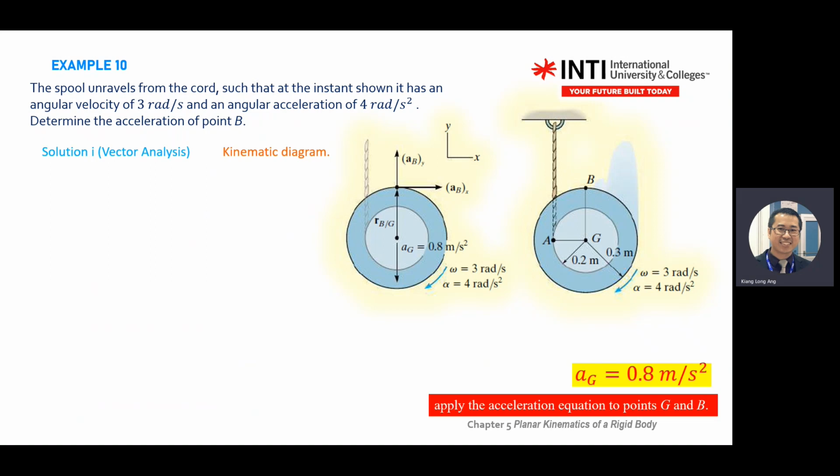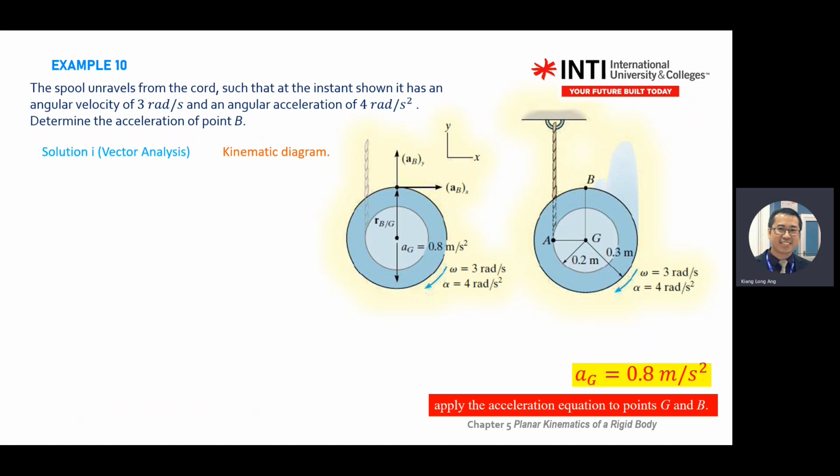However, in this case, we use vector analysis. We focus on x and y and not normal and tangent. So here, we try to estimate our acceleration by splitting the component of A into x and y. Then your AG, you found just now.